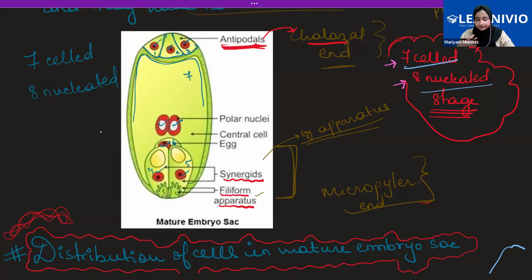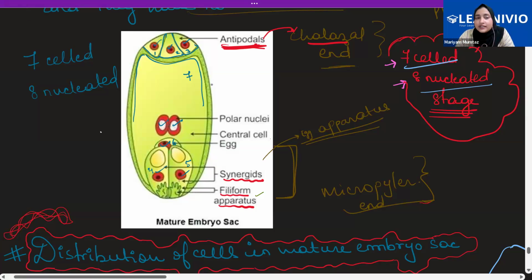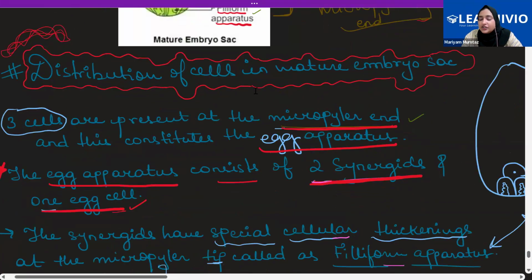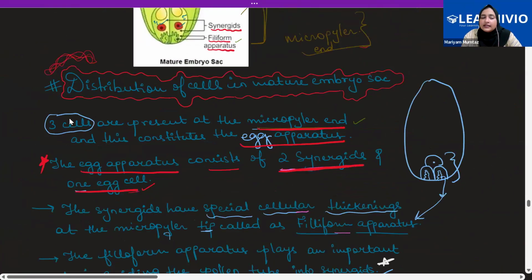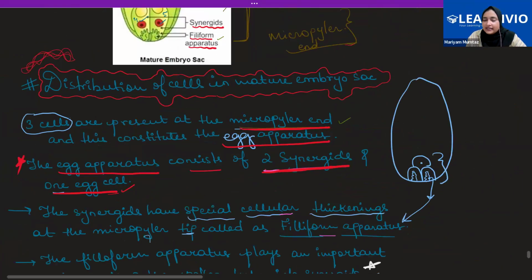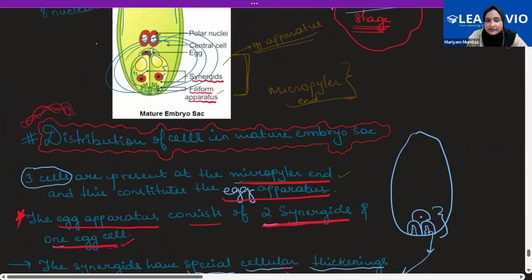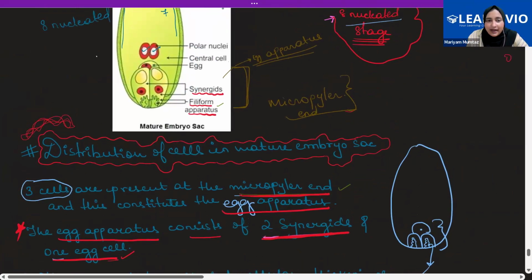Now I'll tell you how each of the nuclei that we saw gets arranged at different areas. See, the distribution of the cells in the mature embryo sac: 3 cells are present at the micropylar end, meaning this end. They form the egg apparatus.